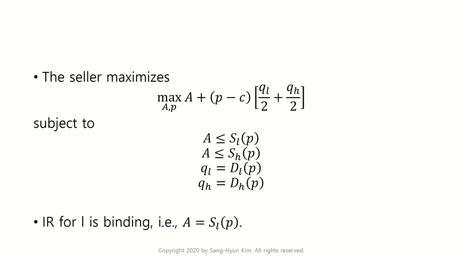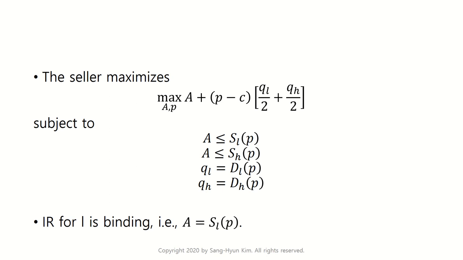And how did we get the demand functions? We maximize the utility of the consumers. So we get the demand function by maximizing the utility function. And if you recall the basic principal agent model, we got the IC constraints by maximizing the worker's utility function. It shows the optimal response to the given price, to the pricing scheme, to the contract.